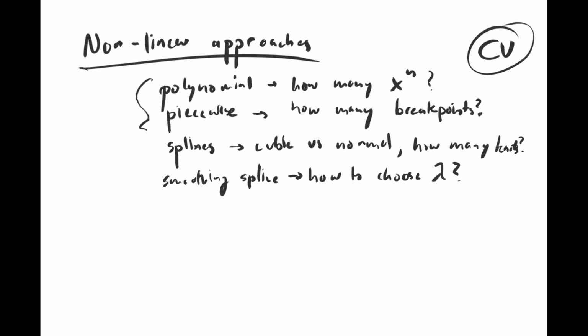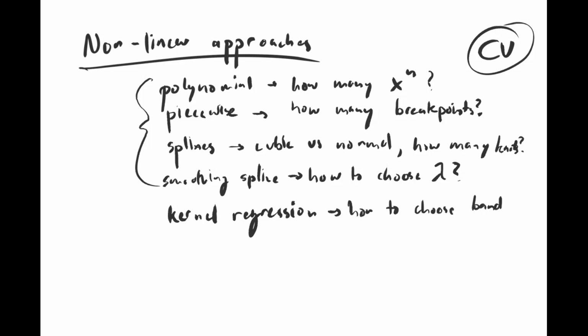So this is one group of techniques that we did. A separate one is kernel regression, how to choose bandwidth. And then the final one, which we covered last time, neural networks.